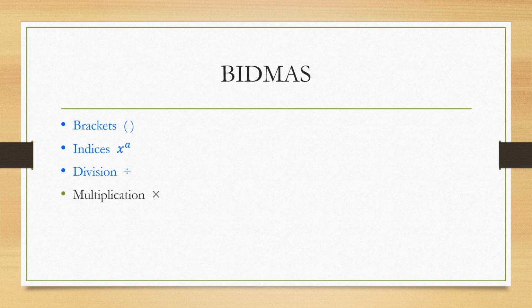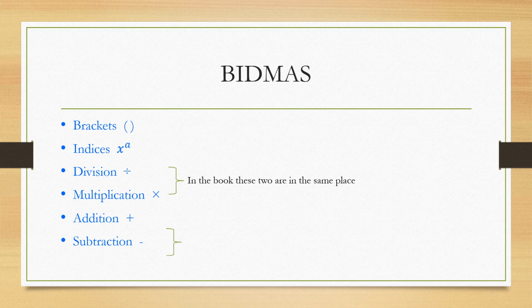Then multiplication, addition, subtraction. In the textbook, division and multiplication are in the same place, and addition and subtraction are in the same place as well. When I say same place, it's the order that you search for something.